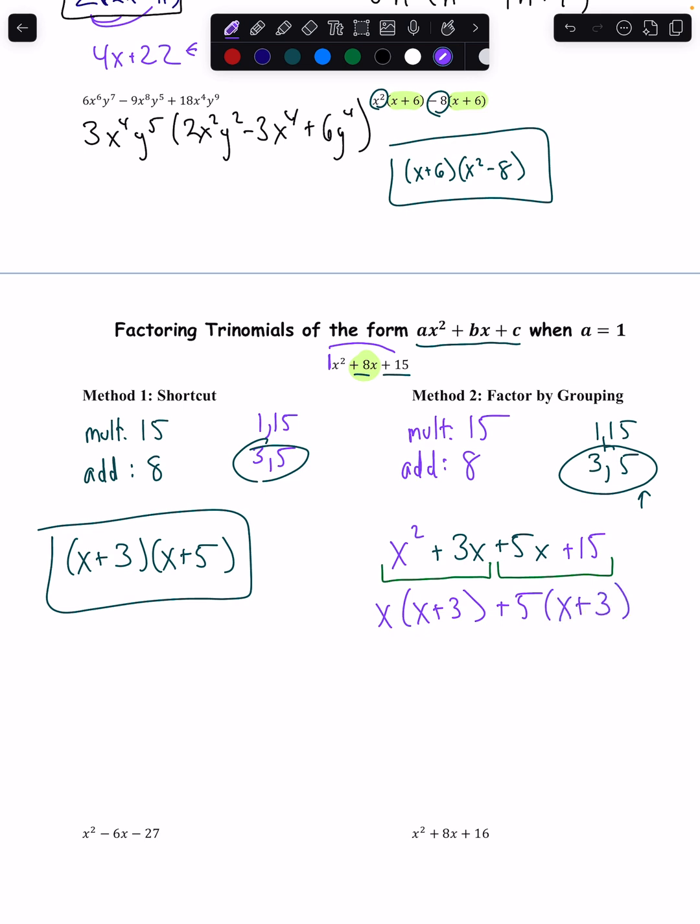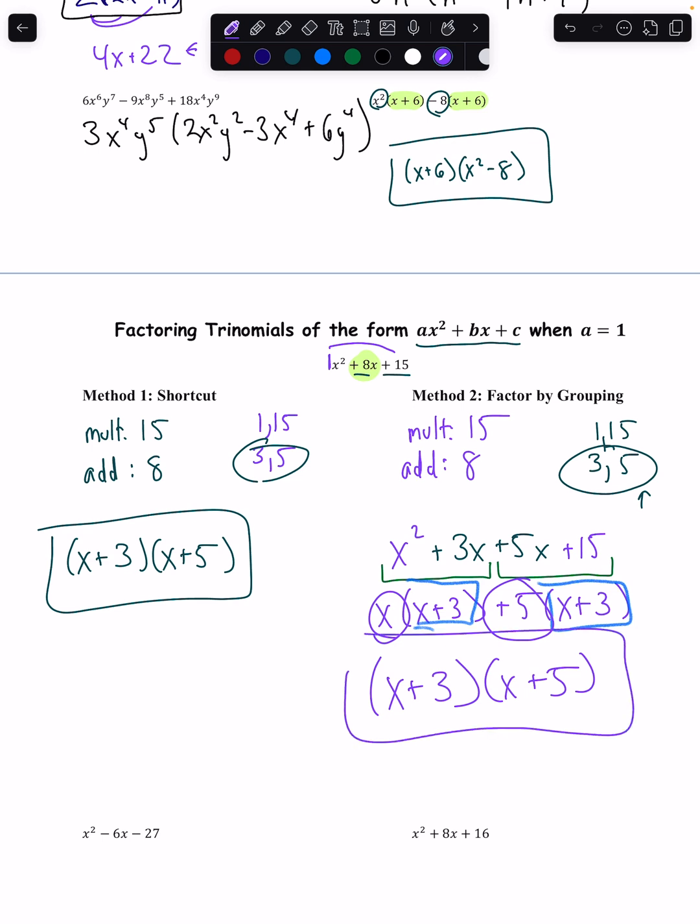You should be like, oh, wait, I see it, because we have x plus 3 here and x plus 3 here. So that's when you know you actually did it correctly. When it is actually factorable, those are the same factors. So you can take out an x plus 3, and what's left over is x plus 5. And you see, that is the same exact answer as method 1.